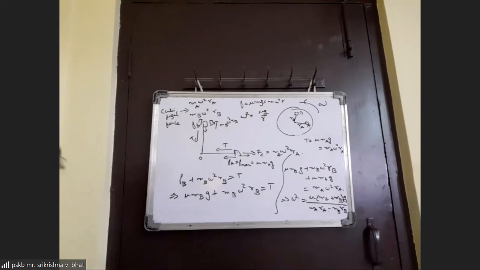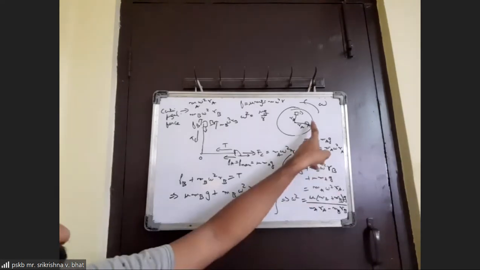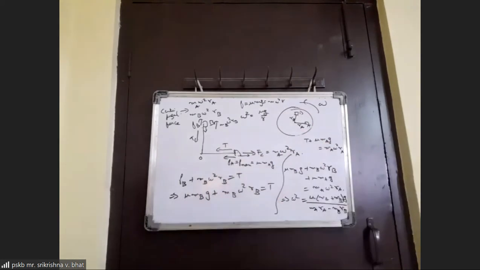Yeah, as mentioned in the question, the angular velocity is slowly being increased. So as it is slowly being increased, we can assume that the tangential acceleration is very small. So therefore we are not taking that into account. Otherwise we should take friction to be the resultant of the forces acting along the string as well as the tangential force, because one component of friction will provide tangential acceleration and the other component will be acting along the string.